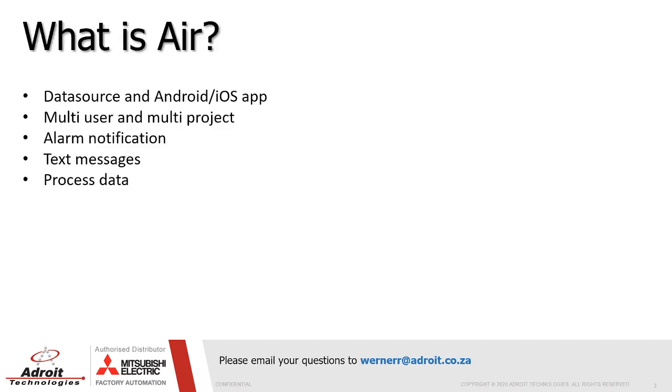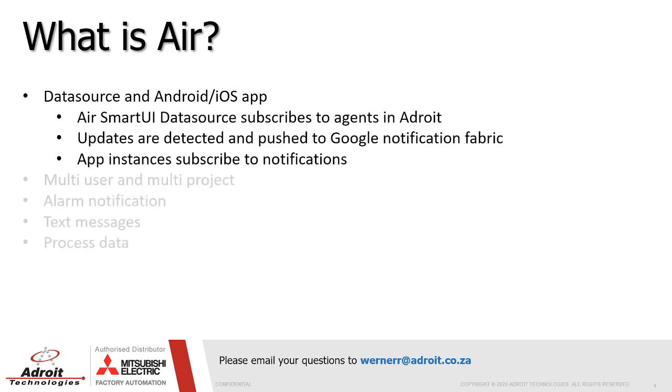Let's first start by telling you what Adroit Air is all about. So it's basically a system that allows you to notify your users of alarms or events on site directly on their mobile phone. It consists of a smart UI data source along with a mobile app.